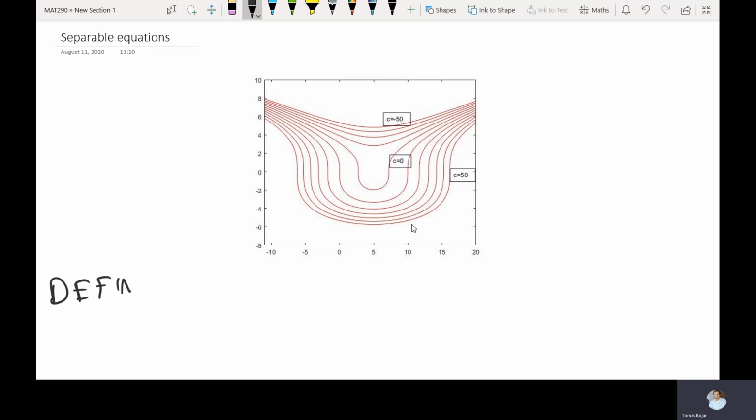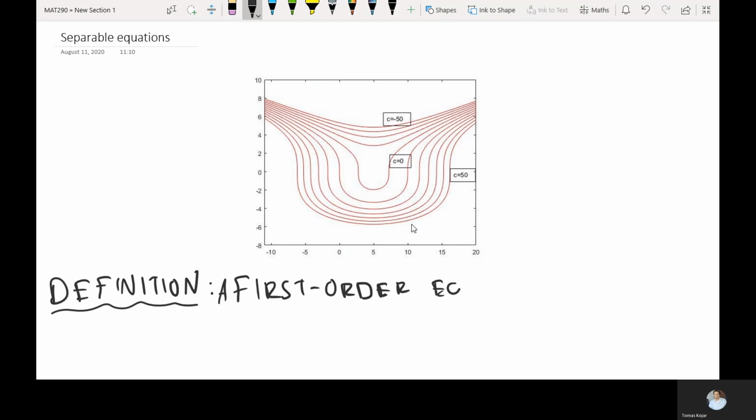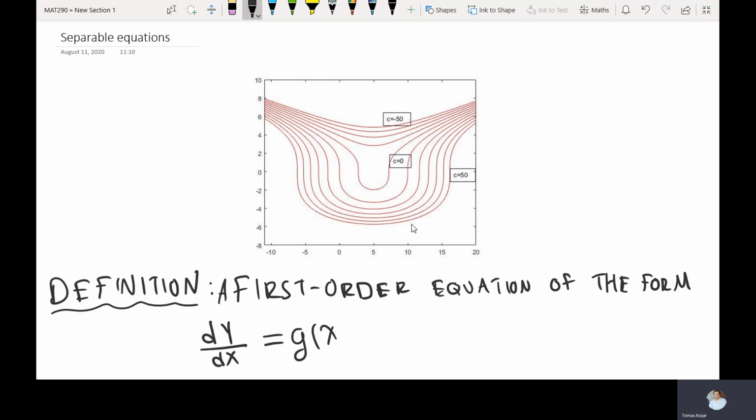Definition. These are first order equations of the form dy/dx, first order because we only have a first order derivative, equal to a function of x times a function of y.